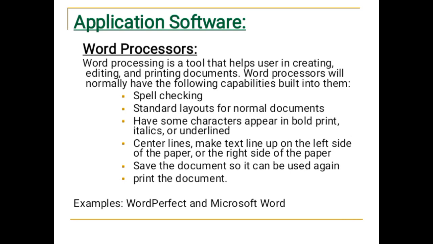Word processors will normally have the following capabilities built into them: spell checking, standard layout for normal documents, having some characters appear in bold, italics, or underlined, centering lines, making text line up on the left or right side of the paper, saving the document so it can be used again, and printing the document. Examples are WordPerfect and Microsoft Word.